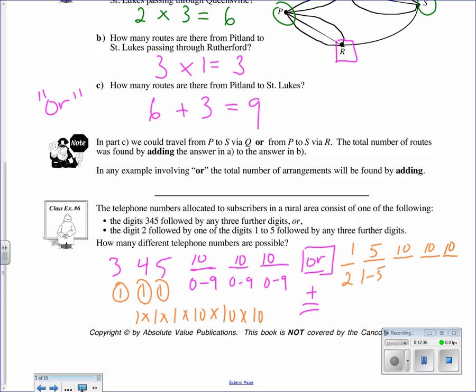And then to that, I have to add 1 times 5 times 10 times 10 times 10. Remember, this is an OR scenario. So I've got 1,000 plus 5,000, which gives me the possibility of 6,000 different numbers for rural customers.